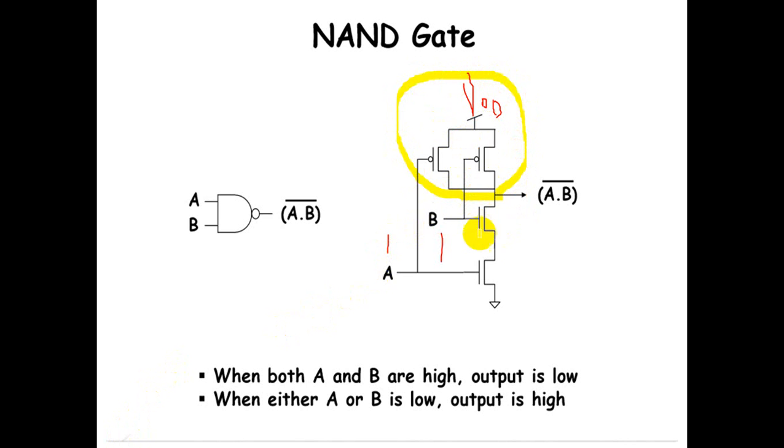The other, the NMOS part, will be the opposite. Like, suppose these two transistors are connected in parallel here, then for NAND gate realization using NMOS logic, you can just connect them in series, in the opposite configuration, and you'll get the output.